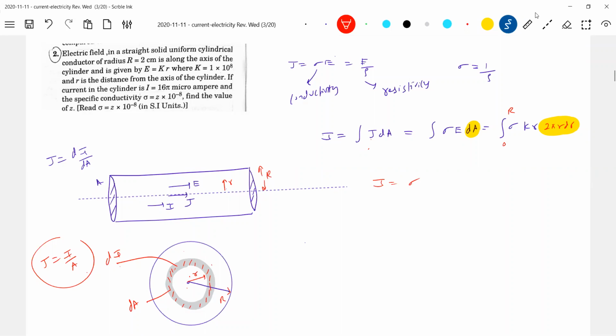Sigma, in fact, will come outside, 2 pi. Okay, now solve for sigma. I'll write the answer. You do the calculation later, it's just mathematics. I think it's there in the assignment, no? 3.